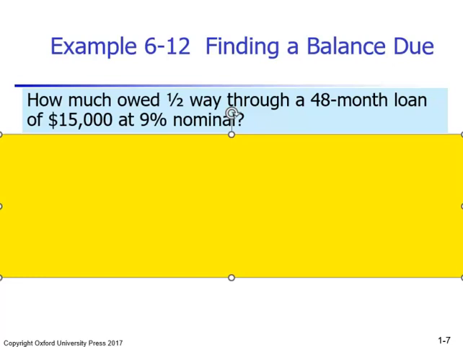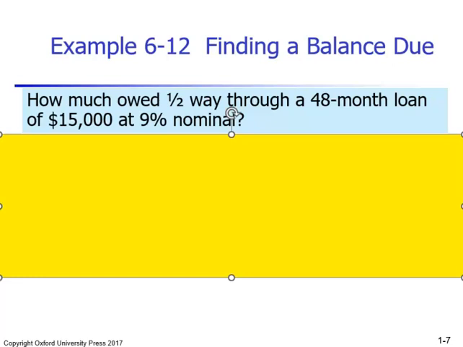Example 612 is truly insightful. You will notice it very soon. Okay, let's see what it's talking about. Finding a balance due. How much is owed halfway through a 48-month loan of $15,000 at 9% nominal?